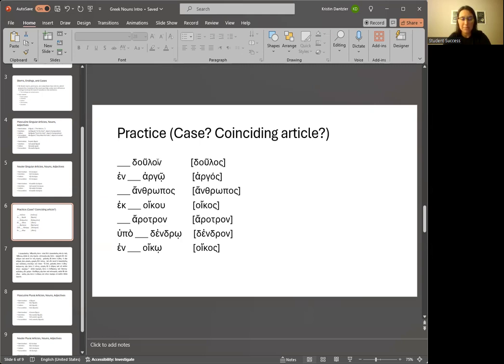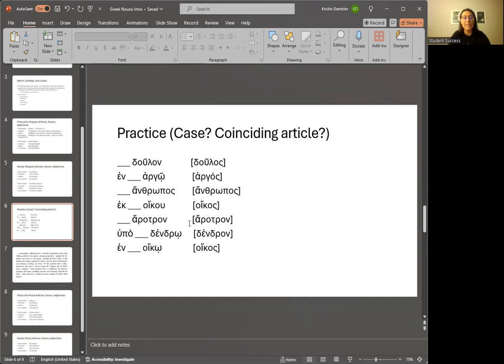Now I've helped you out a little bit because most of you, I assume, don't have any books yet. So I have put the lexicon entry for each word right here. Remember that's the nominative singular form of the noun. That's what this is right here.